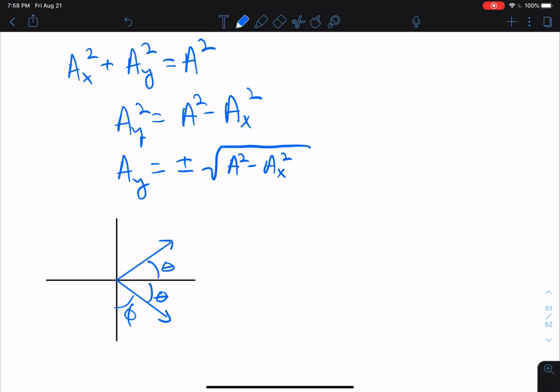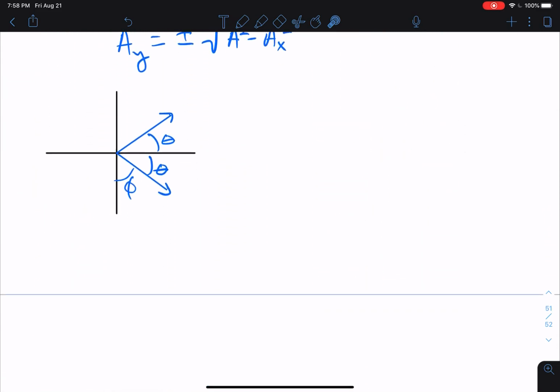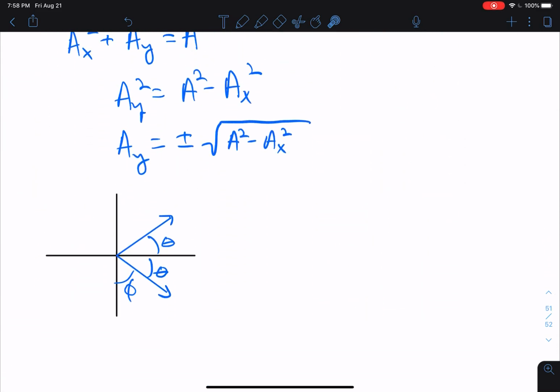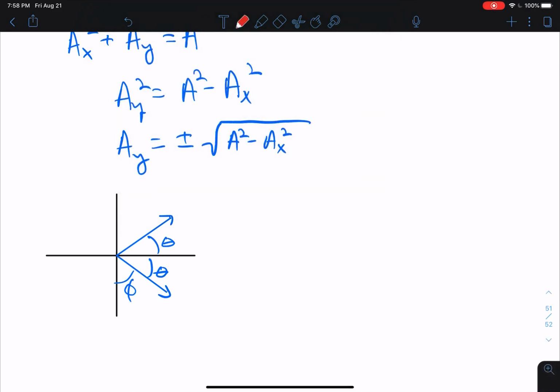Now, the other thing, though, is we also need the angle of negative a for when it's a positive y component for a and when it's a negative y component for a. So in that case, just to draw these out, we've got two options. This is one of them.